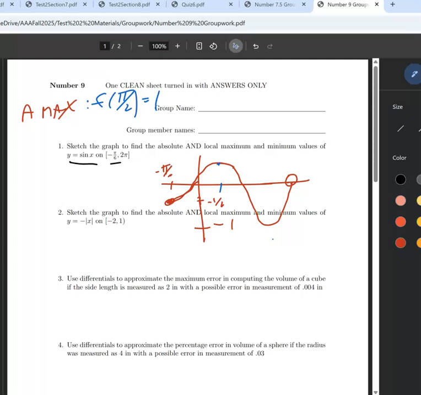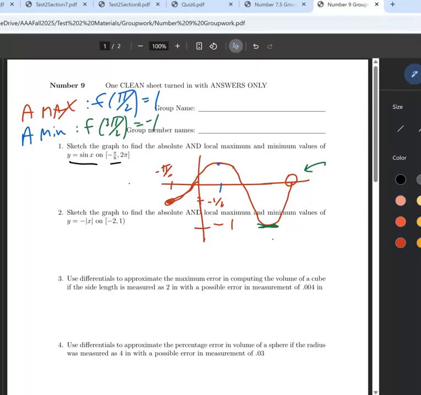Okay, is there an absolute min? Is there a very, very smallest y value? Right there. So that would be f of 3 pi over 2, that's negative 1. So now, to find the local extrema, local means where there's a peak or a valley.